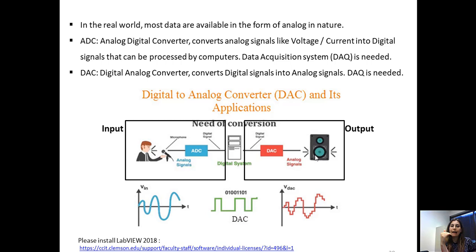Or you can have some data acquisition system that is for outputting data. For example, if you have a valve and you want to tell your computer to open a valve in your system, then you have to send digital signals, and a data acquisition system has to convert that digital signal to a voltage signal or a current signal so that your valve can open and close. So this is the meaning of input and output.